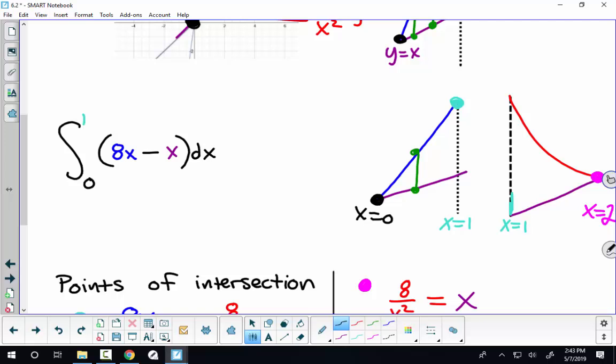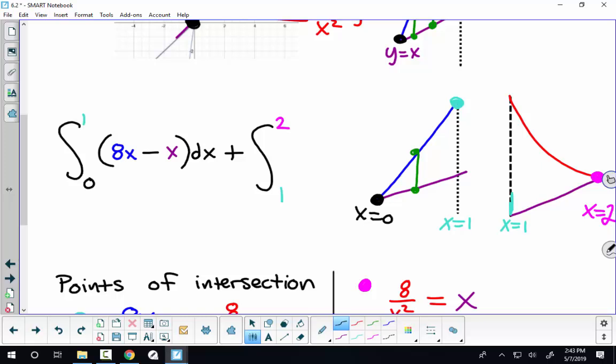And so that's the area of that figure on the left, and then we have to add to that the figure on the right, which we go from where to where? The integral from 1 to 2. Again, rectangles are vertical.